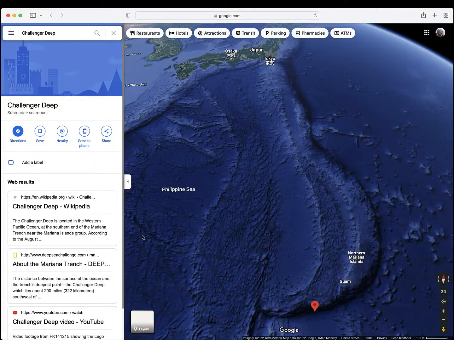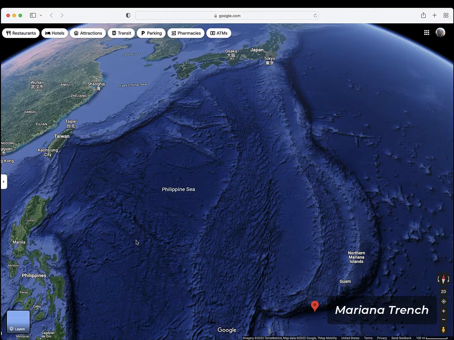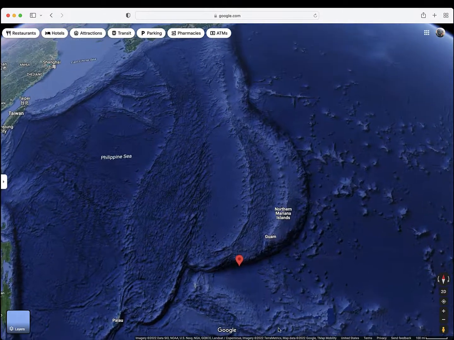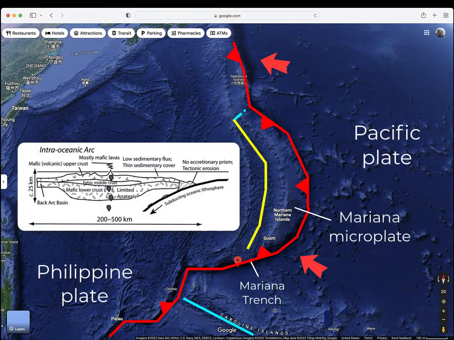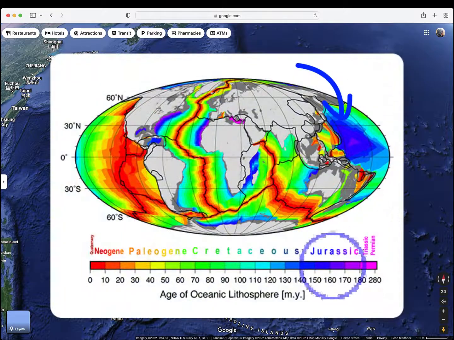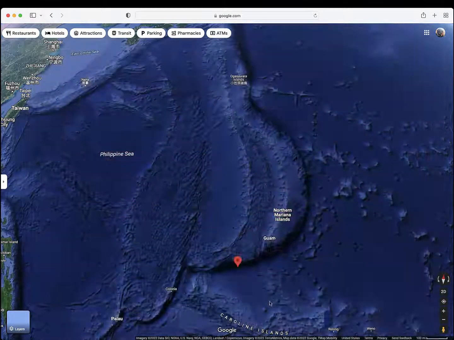The Mariana Trench is the deepest oceanic trench on Earth and is located in the western Pacific Ocean, where the Pacific Plate is steeply subducting beneath the Philippine Oceanic Plate and the Mariana Microplate. In this area, the Pacific Plate is Jurassic in age, between 145 and 200 million years old or so, and is the oldest oceanic crust in the Pacific Ocean.